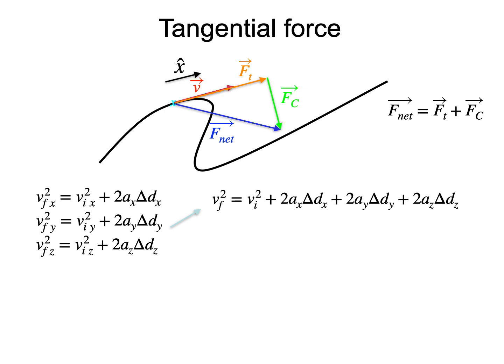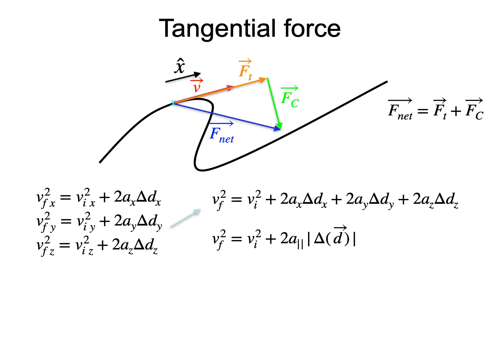For this special choice of reference directions, delta dy and delta dz are 0, and the previous equation simplifies to this equation, where the ax is labeled as a parallel, to remind you that this special choice for the x reference direction is in effect.